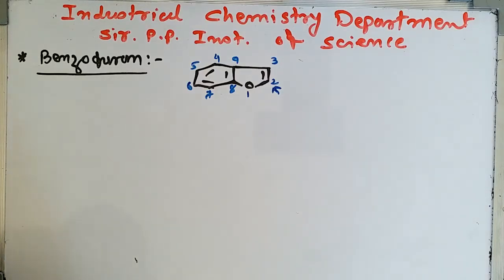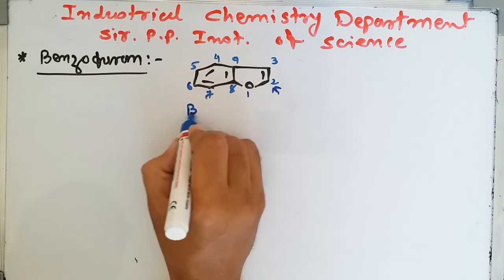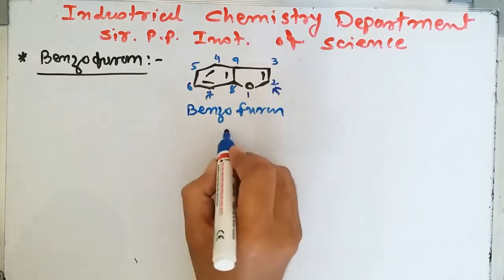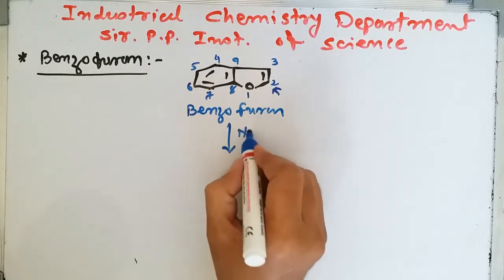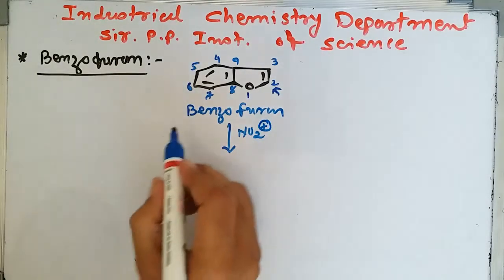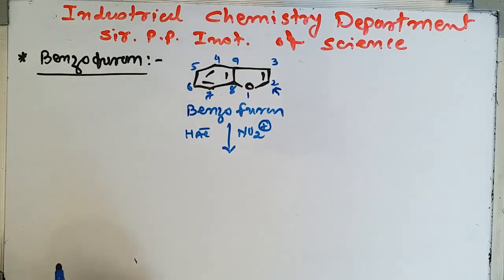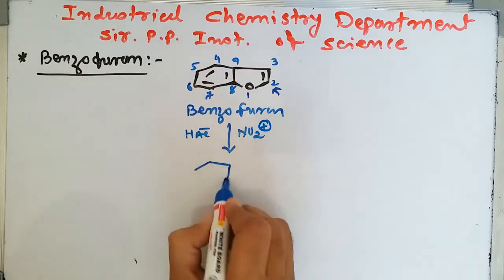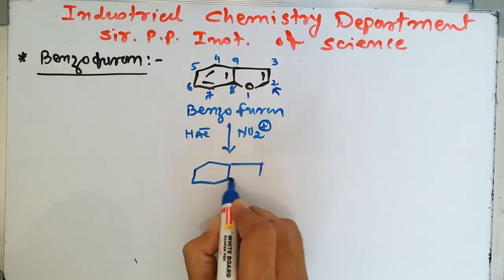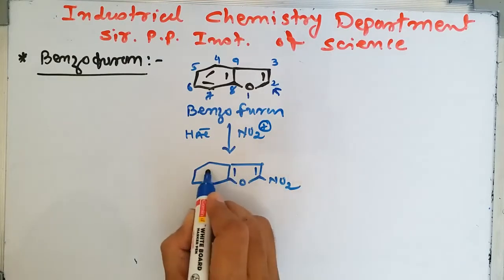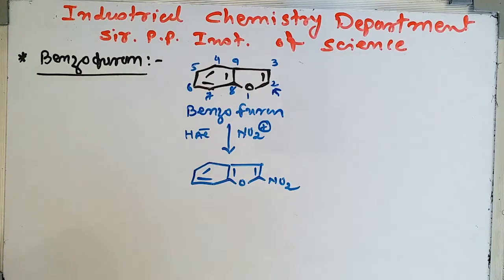Now we see some examples of the chemical properties of benzofuran. With the help of nitrating mixture in acetic acid, we get 2-nitrobenzofuran.